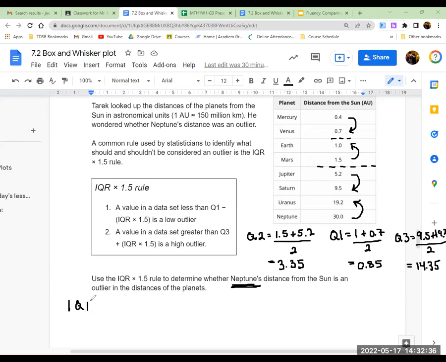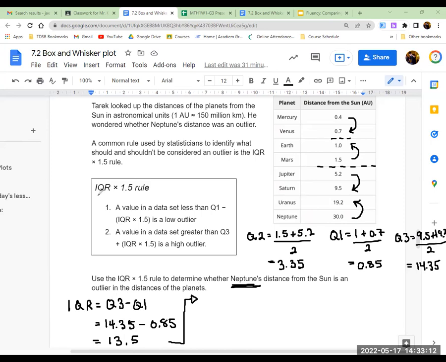But anyways, let's talk about this. What is the formula for IQR? You with me, Nolan? Perfect. That's 14.35 minus 0.85, which gives me 13.5. I pre-calculated this, so that's why I'm moving a little fast.